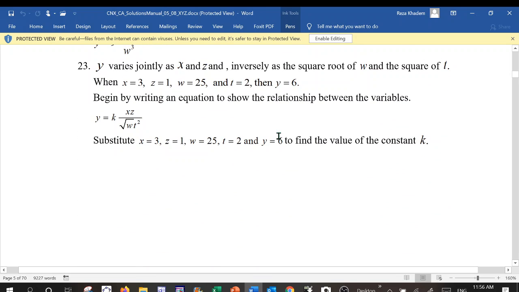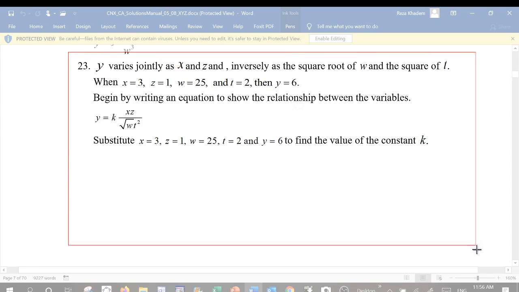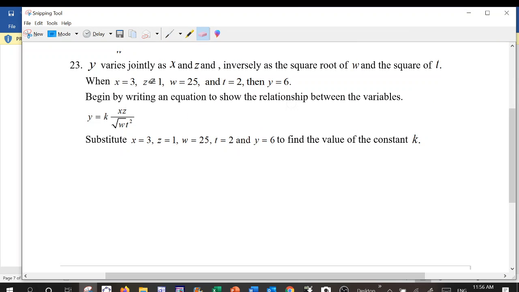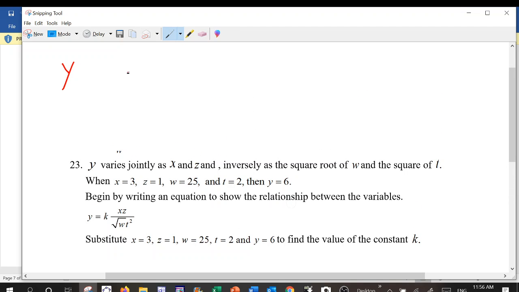Number 23. So here in this example, y varies jointly as x and z, and inversely as the square root of w and the square of t.